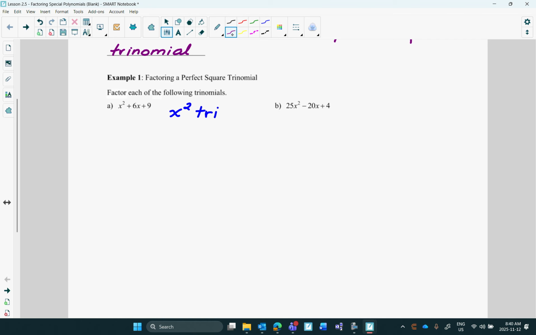And when I do these, two sets of parentheses, x and x, and then I've got to figure out two numbers that have a sum of 6 and a product of 9. 3 and 3. So therefore, my answer is x plus 3 times x plus 3. Or, whenever they're identical, write it like that. Okay.